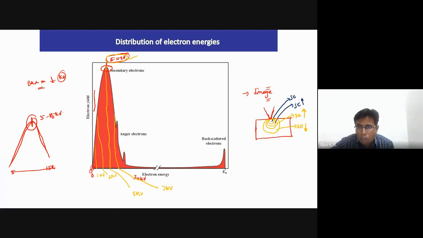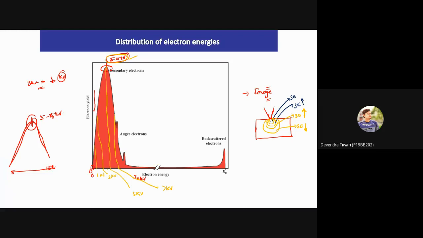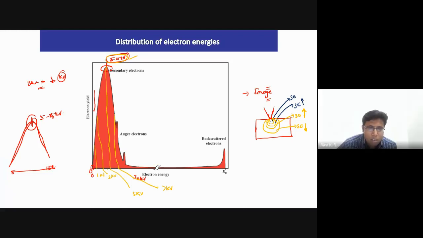So if you look at the work function, what is the work function? See, most of the electrons are generated because the beam goes like this and forms an interaction volume like this.